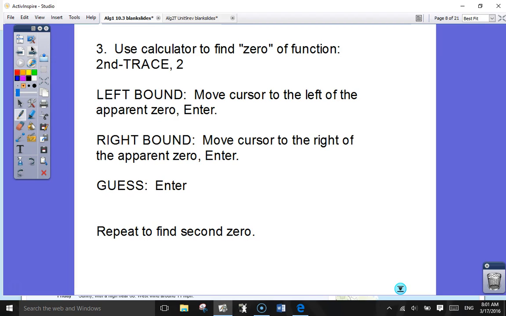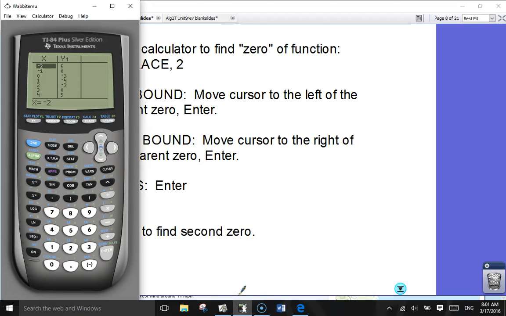So with your calculator right now, hit second trace, right? It'll look like this. Let me put this in because I don't have this in here yet. Oh, I do have it in there.